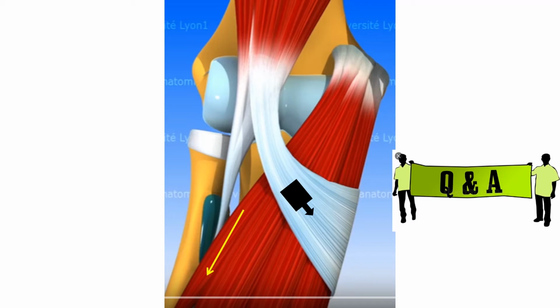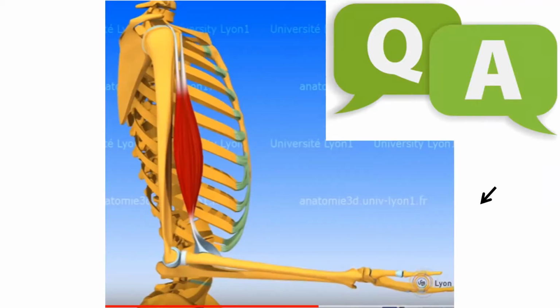This is pronator teres, this is palmaris longus, and this is flexor carpi radialis, and this is flexor carpi ulnaris. What is this image telling me? It is telling me that the biceps brachii main action is flexor of the elbow joint. That means it decreases the angle between the forearm and the arm.